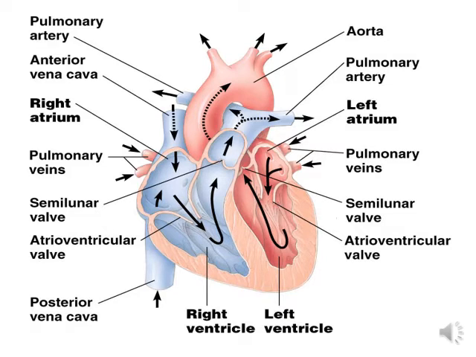You can also see that this is the left side and this is the right side, all right? And these two sides both have atria and ventricles, okay? The atrium is the one which is on top.